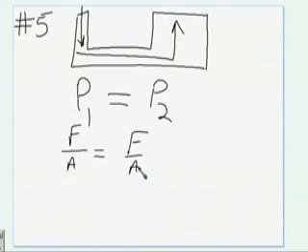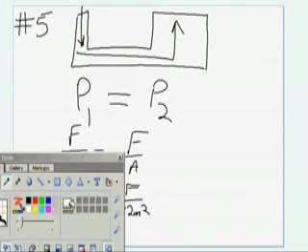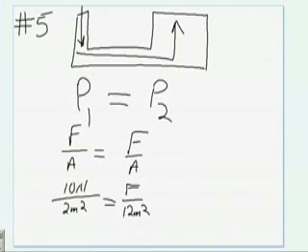Okay? So we have 10 newtons divided by 2 square meters equals force over 12 square meters. We have a ratio here, so we cross multiply and divide.